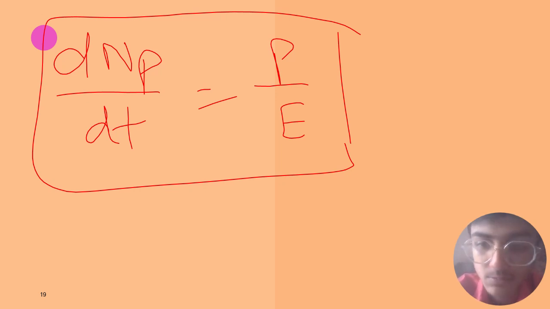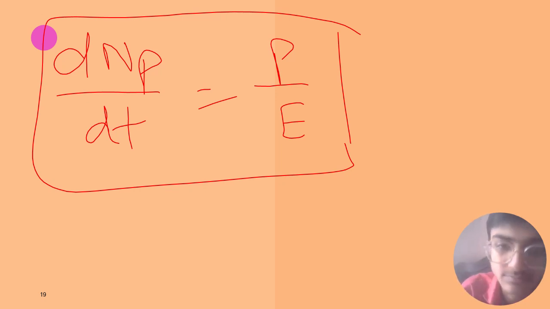How many photons will be coming? 30 over 5, that is 6. As simple as that. 30 was defined in terms of energy, but actually it was 30 joules or 30 electron volt of energy per second. So it is power over E.